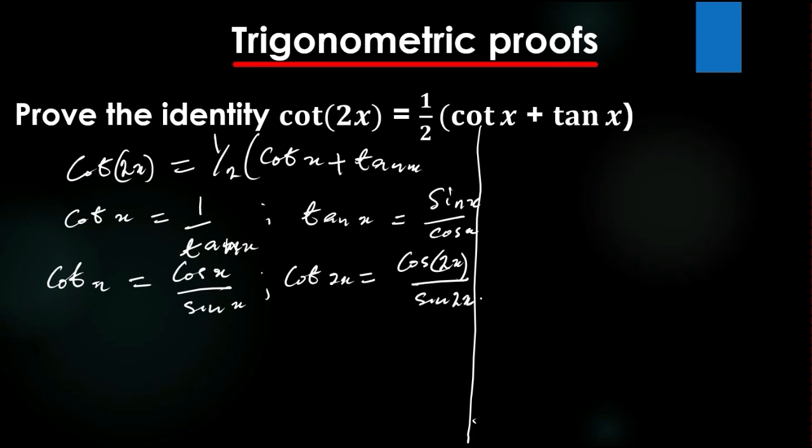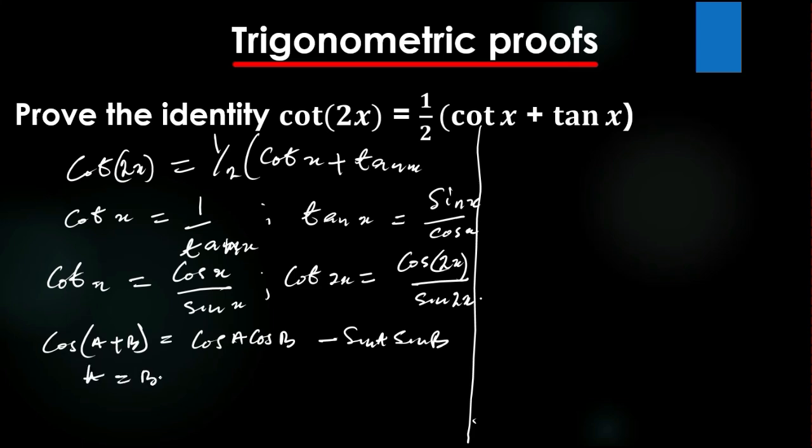Now let's get a definition for cos 2x and sine 2x. Remember that cos of A plus B is the same thing as cos A cos B minus sine A sine B. So that if A is equal to B and B is equal to x, that is both of them are equal to x, then we'll be talking in terms of cos 2x.